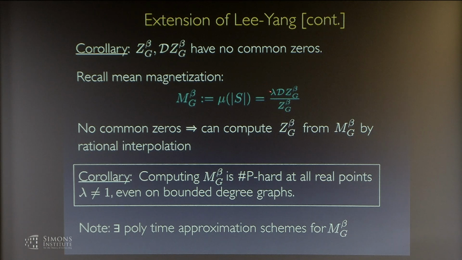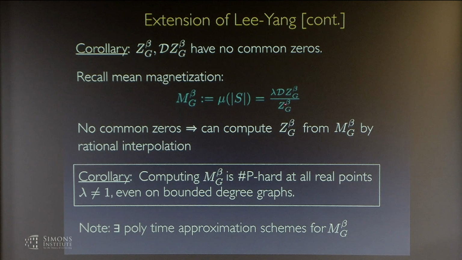We have an extra factor of lambda here because we've changed parameters from e to the h to lambda, so that just naturally shows up. So suppose I want to show you that computing the magnetization is just as hard as computing this denominator here.